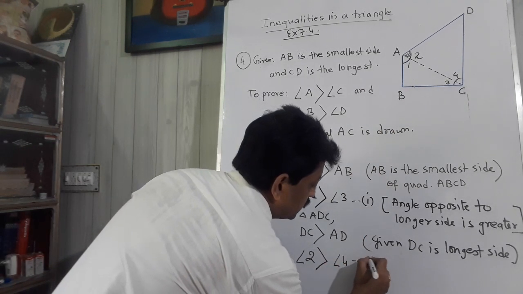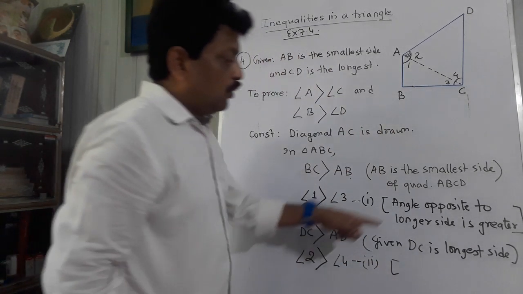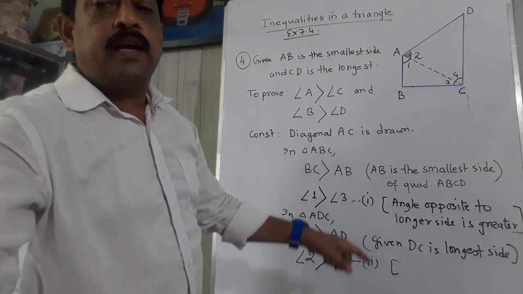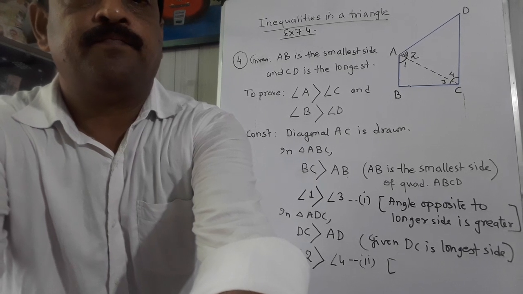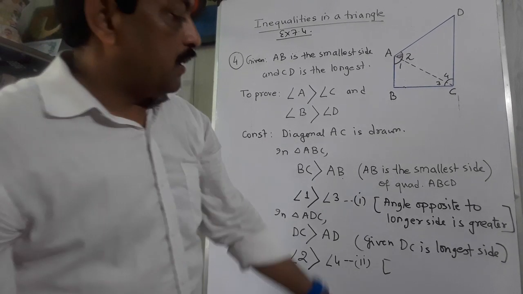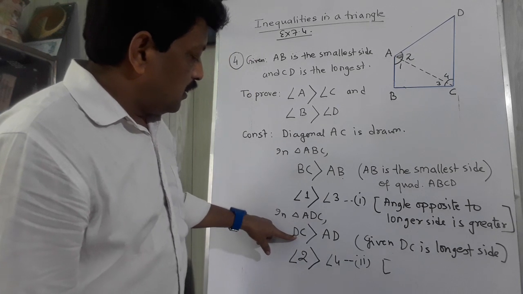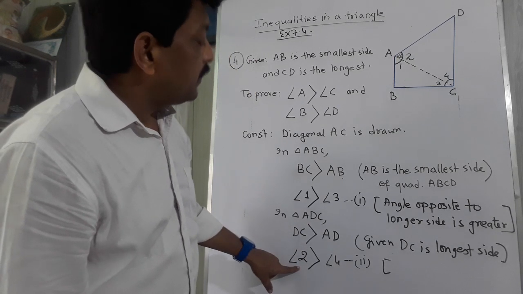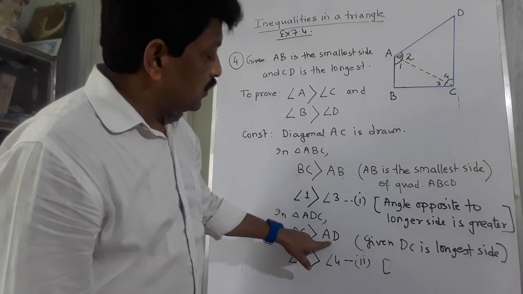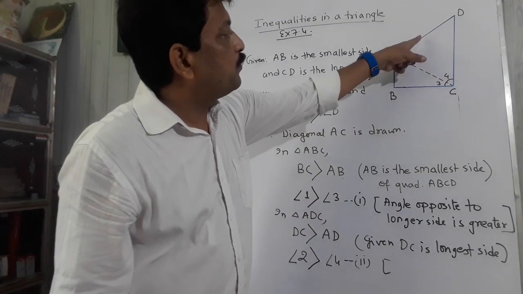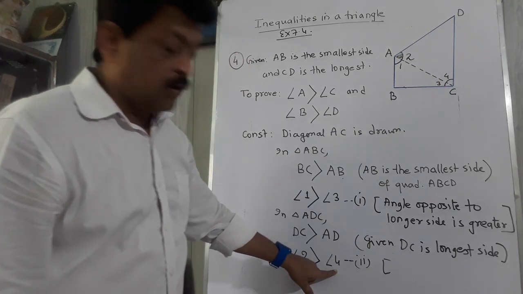This is in equation number 2, and here also we have to put the same reason, that angle opposite to longer side is greater. This side is longer, so angle 2 is greater, and AD is smaller than DC. So if AD is smaller, then angle 4, which is opposite to AD, is also smaller.